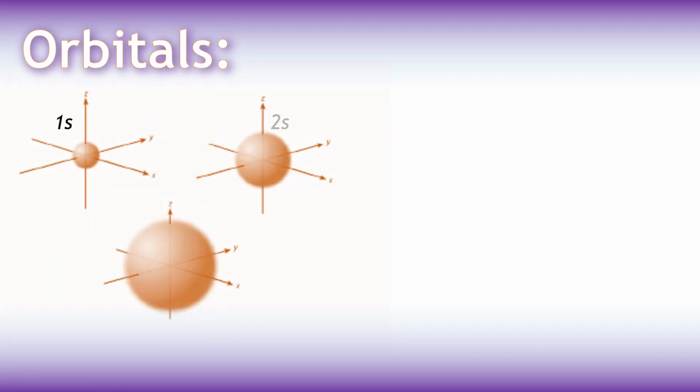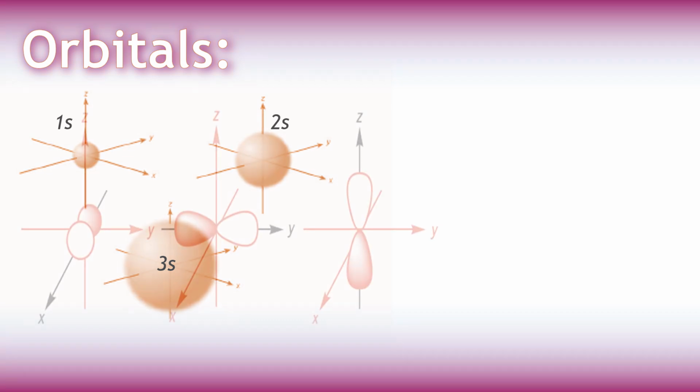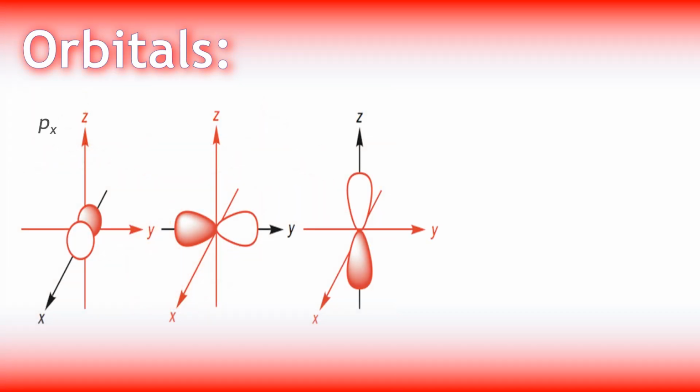Different orbitals have different shapes. These are s orbitals. This is the very simple basic orbital that surrounds the simplest atom, hydrogen. It's basically just a round ball. As we go up to the next energy level, we start having more possibilities.